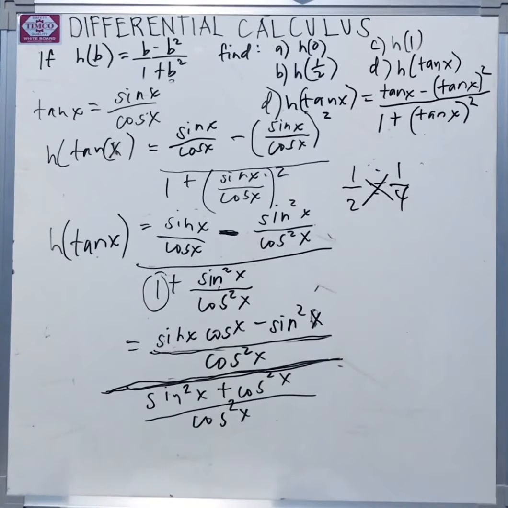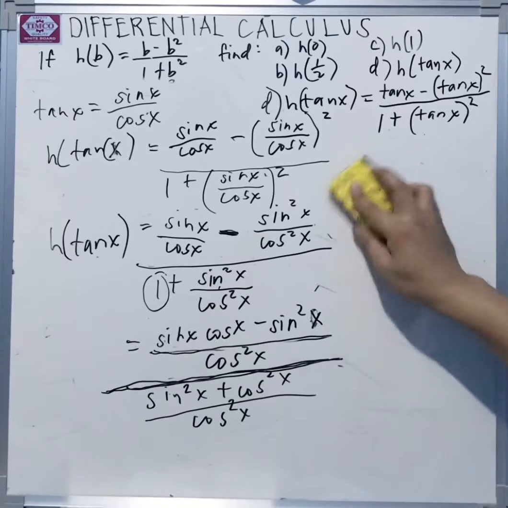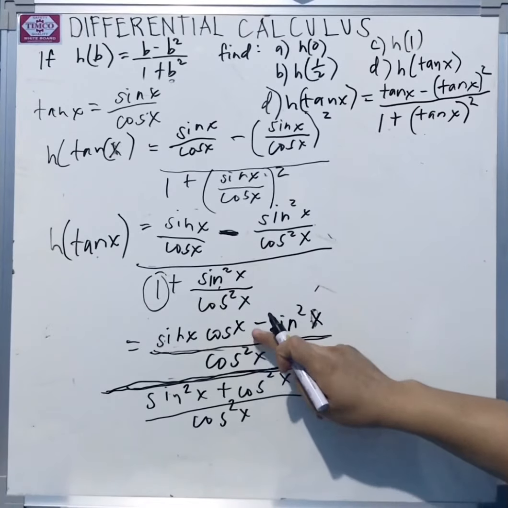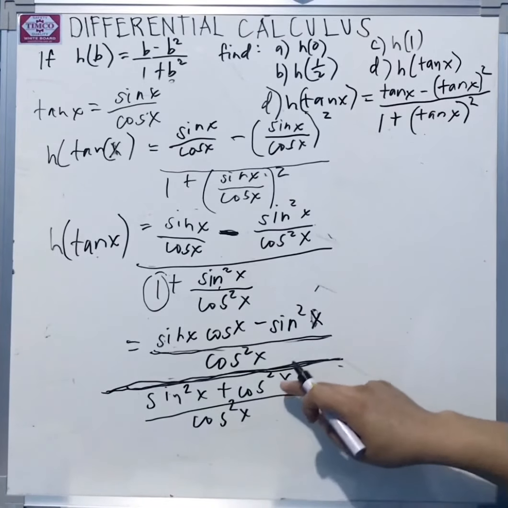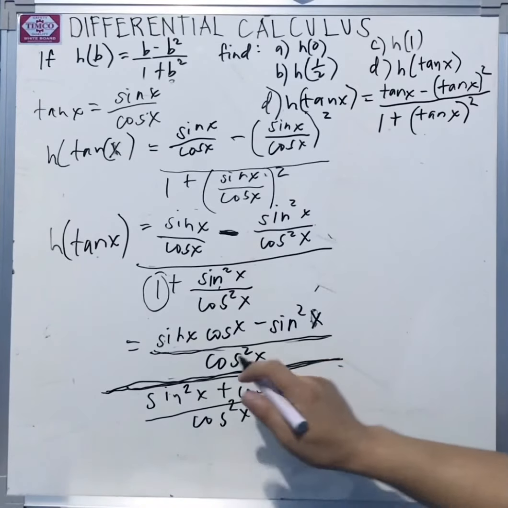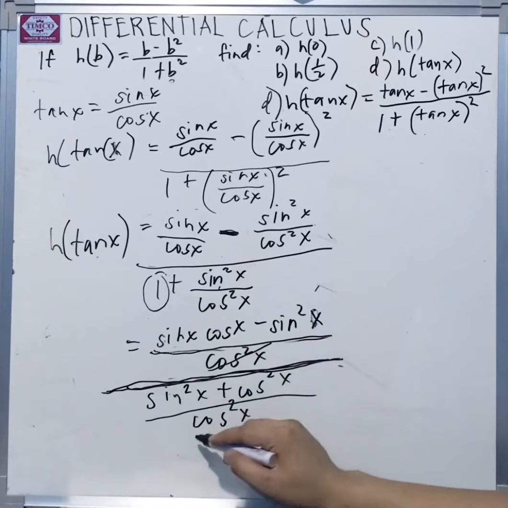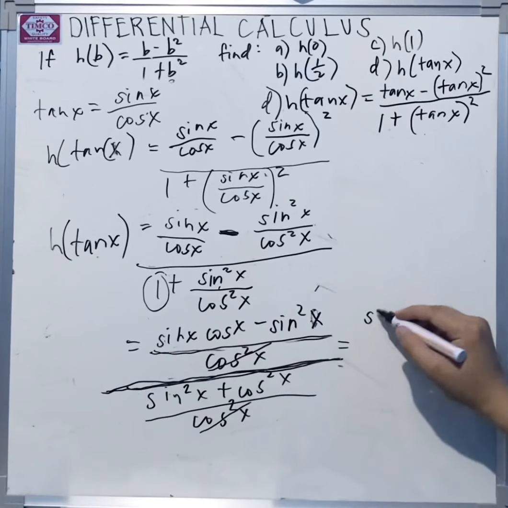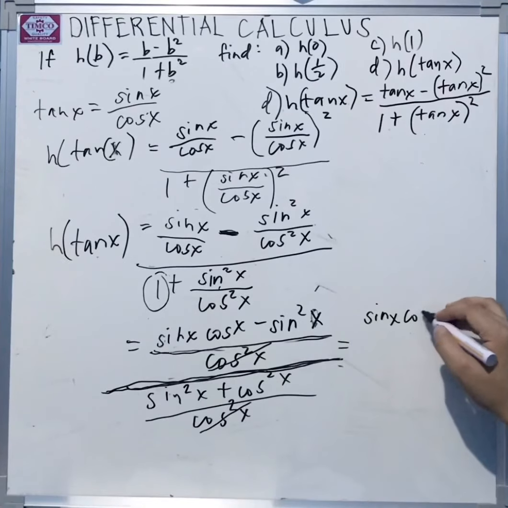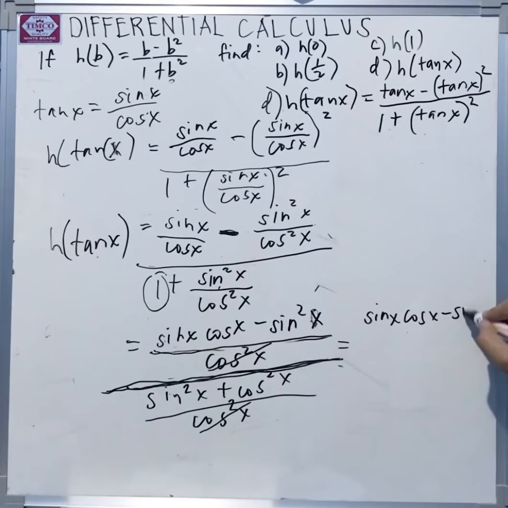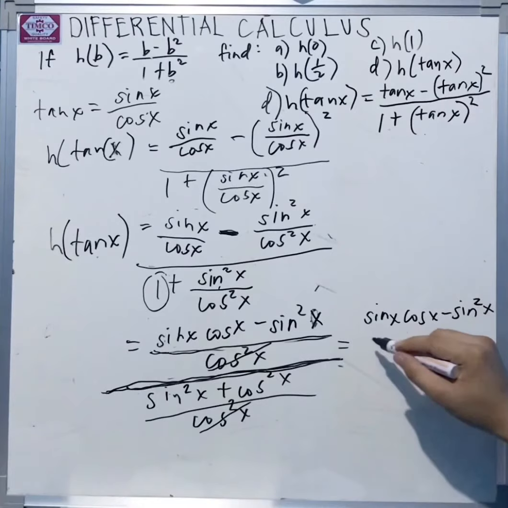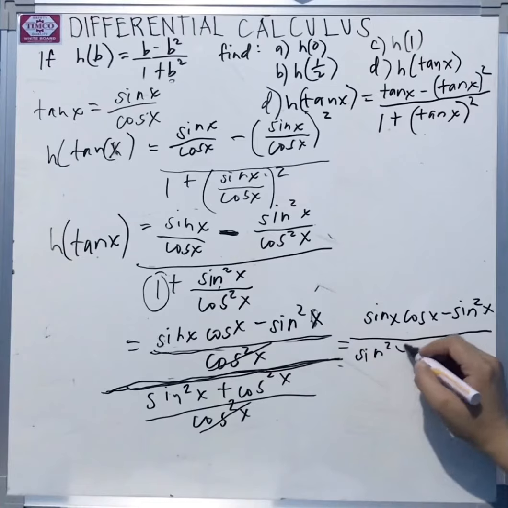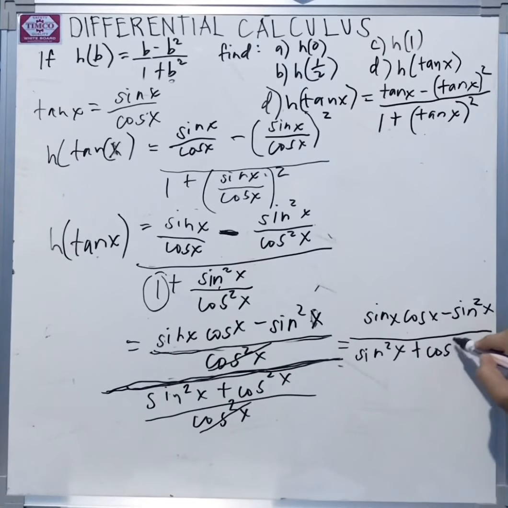So same din dito: numerator times denominator. So kakancel out yung denominator nila. So equal siya sa sin x cosine x minus sin squared x all over sin squared x plus cosine squared x.